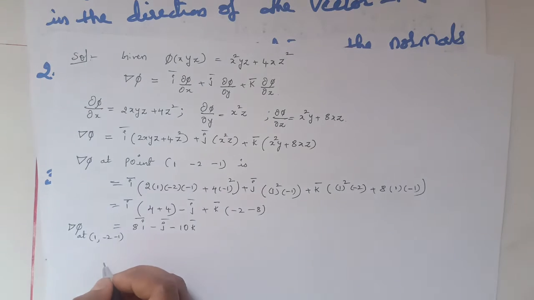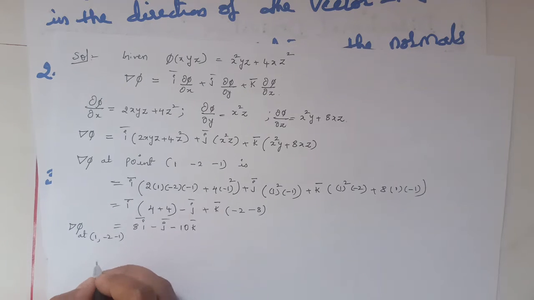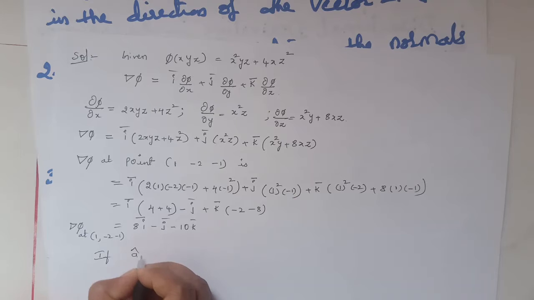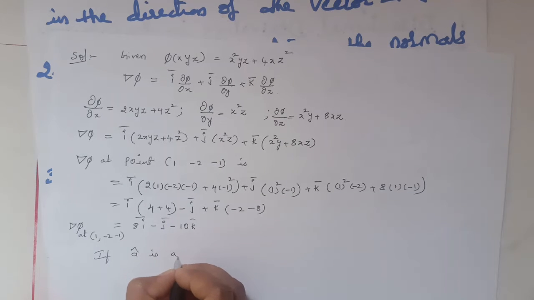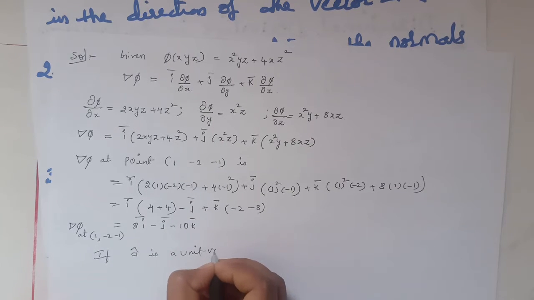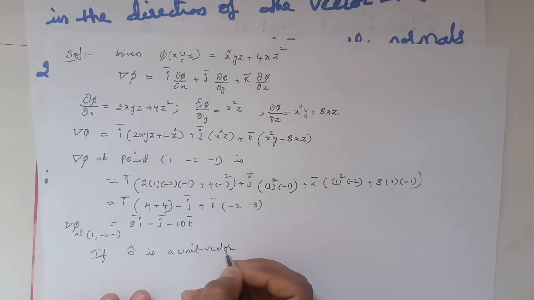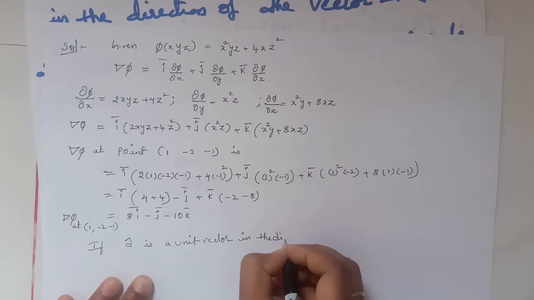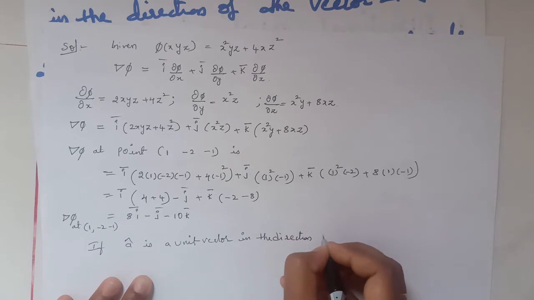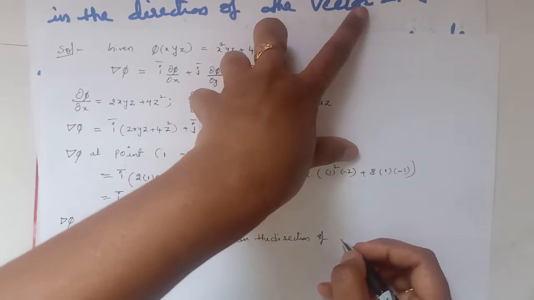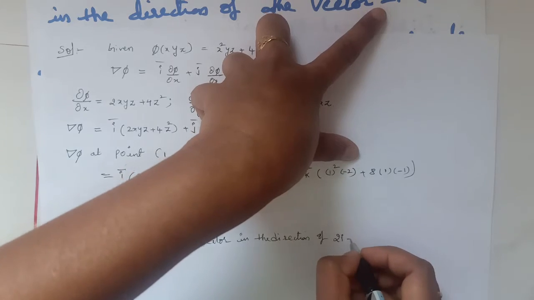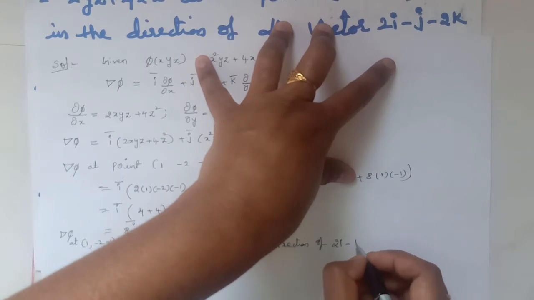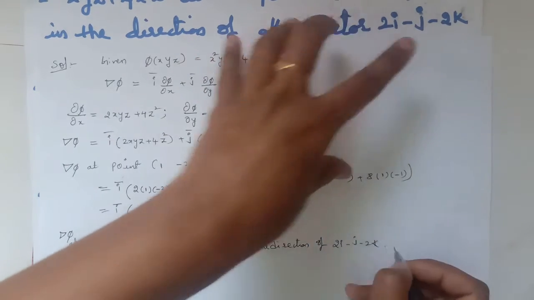Now find out a cap, the unit vector in the direction of what is given. It is 2i - j - 2k.